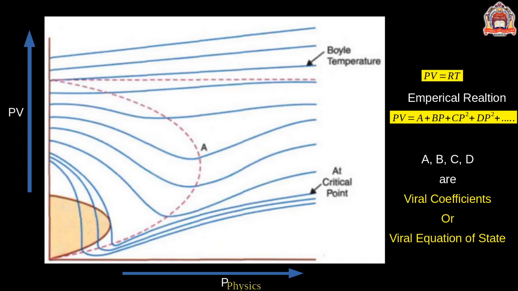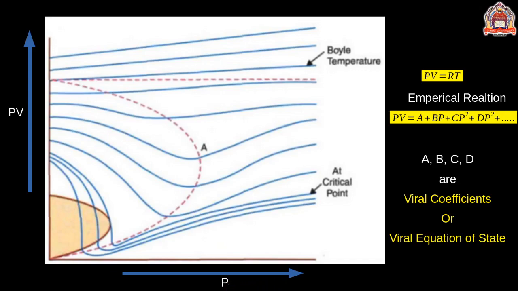Holborn and Otto found that up to 100 atmospheric pressure in the temperature range of minus 180 degrees centigrade to 400 degrees centigrade, only four virial coefficients are sufficient to represent the correct behavior of the gas.